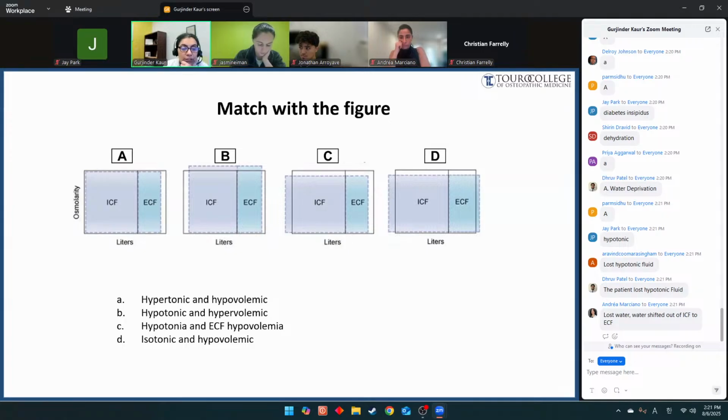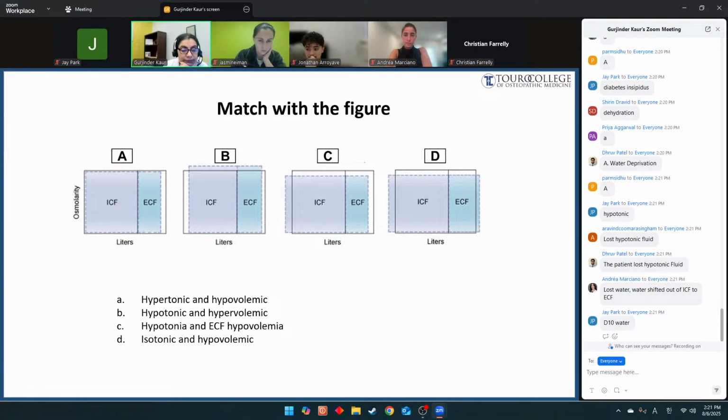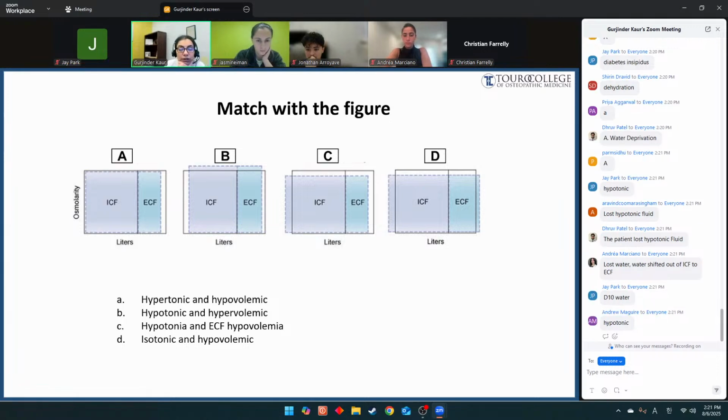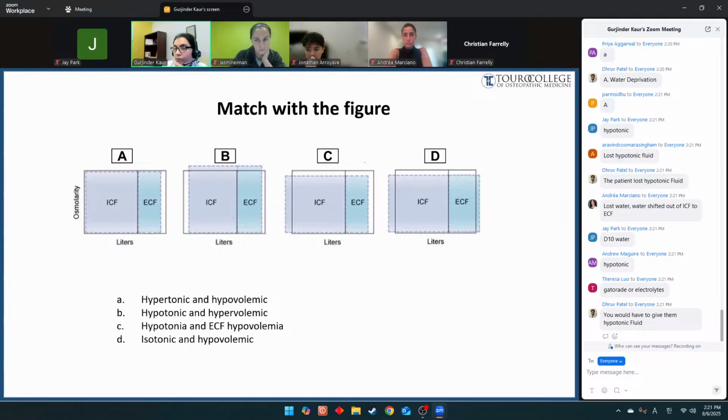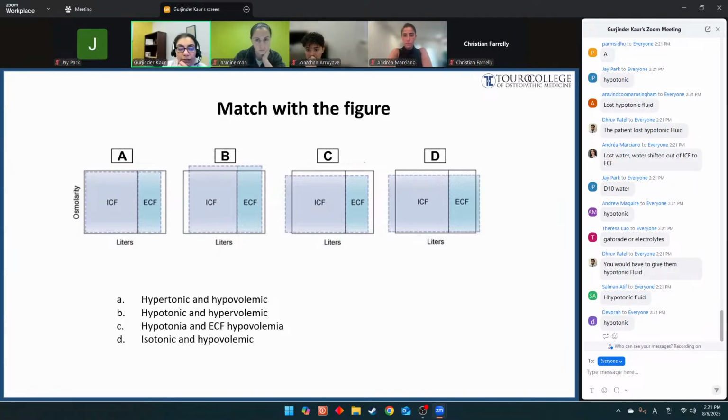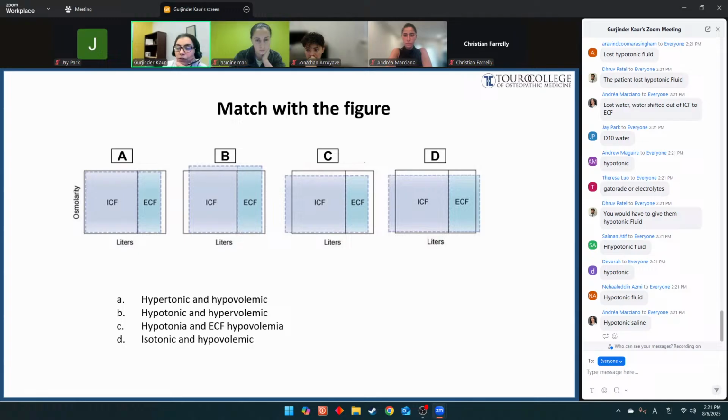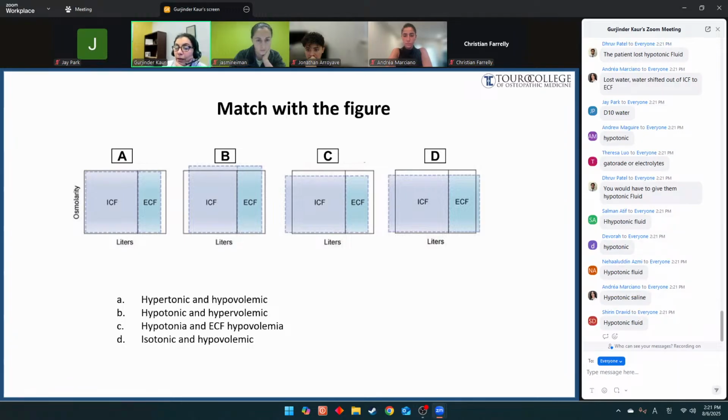Now, the patient lost hypotonic fluid. Yes, Dhruv, you are correct. So what would you give this patient now to get them back? Jay, that's not correct. The patient has lost hypotonic fluid, so you want to give them hypotonic fluid.